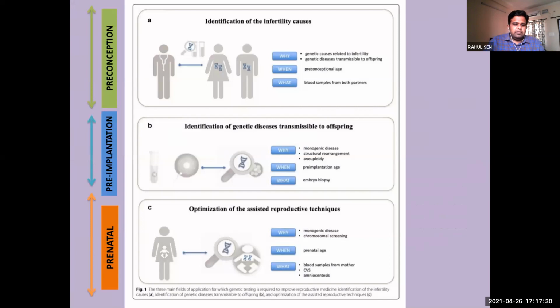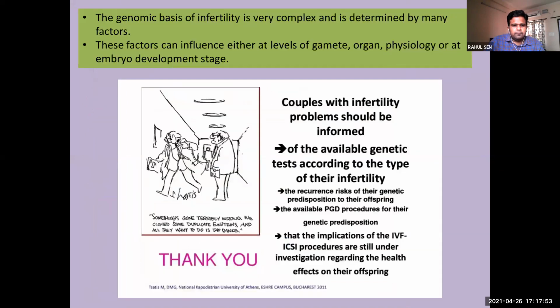Again, in summarizing, the assessment can be done at the preconception, pre-implantation, and prenatal level, and whenever the evaluation is done, the patient is to be counseled at the same time, checked and corrected the same way. The final conclusion is that the genomic basis of infertility is very complex and is determined by many factors. These factors can influence either the level of gamete, organ, physiology, or the embryonic development stage.